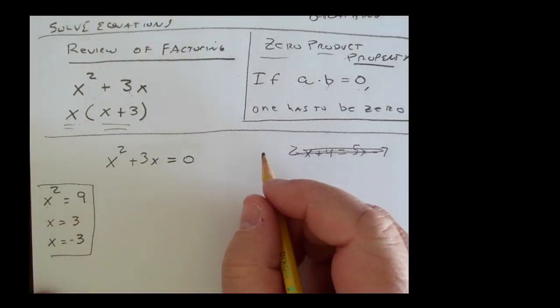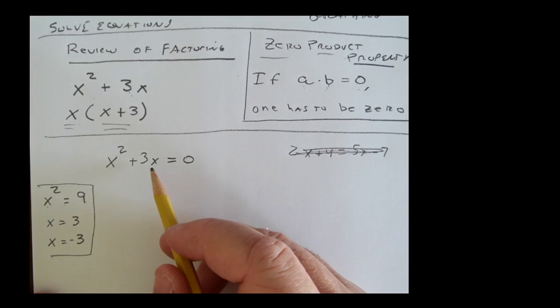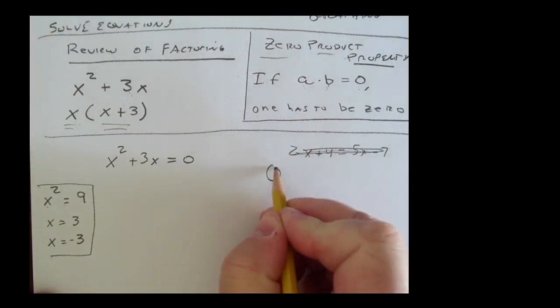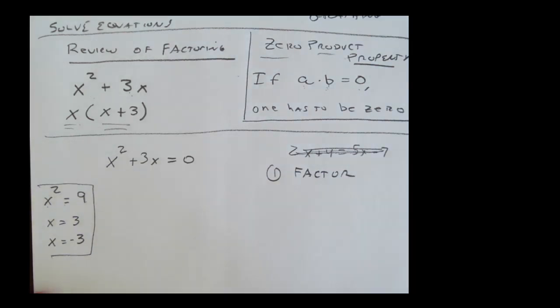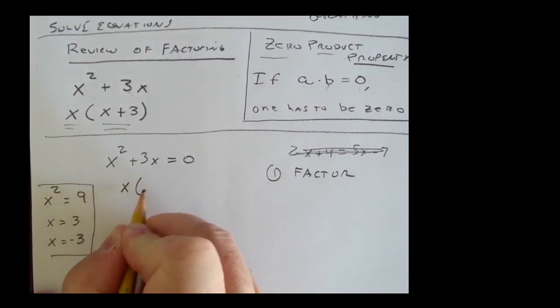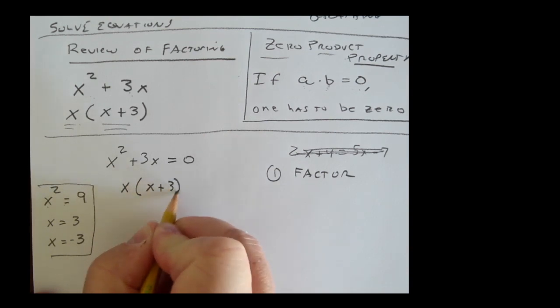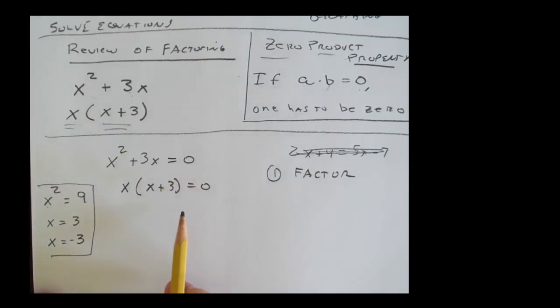So what do we do when we have this? Step 1 is to factor. What goes into both? And we had done that already up top. There we go.